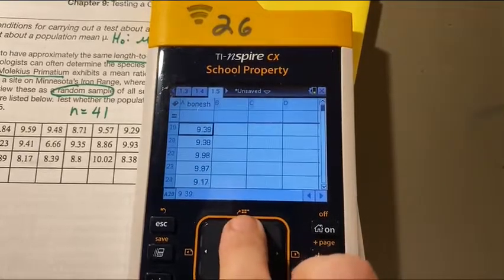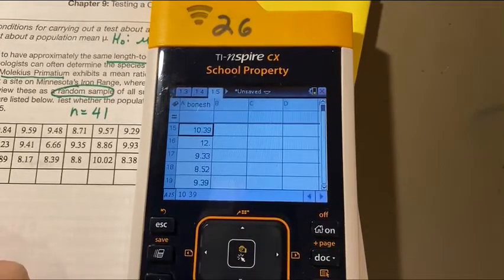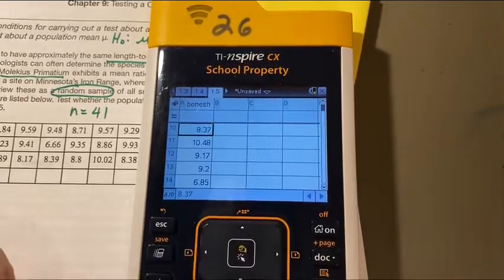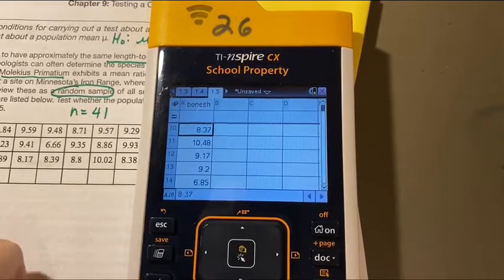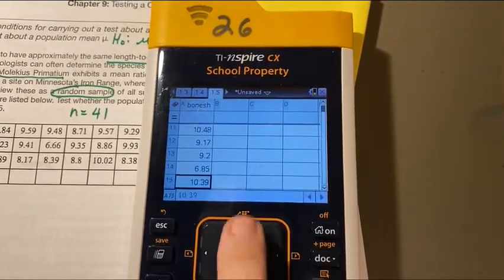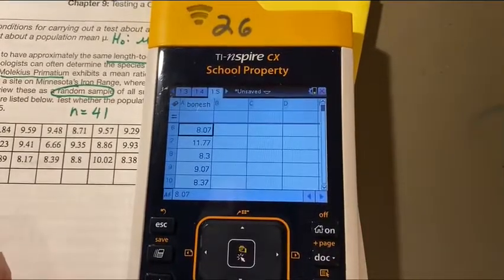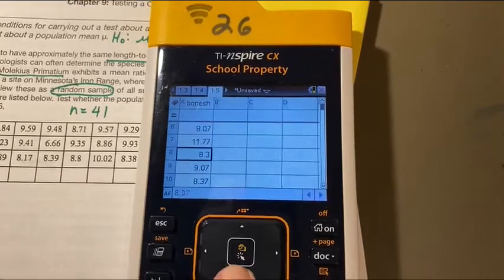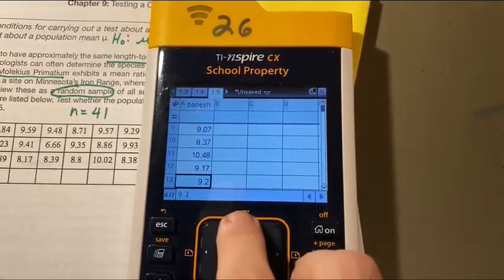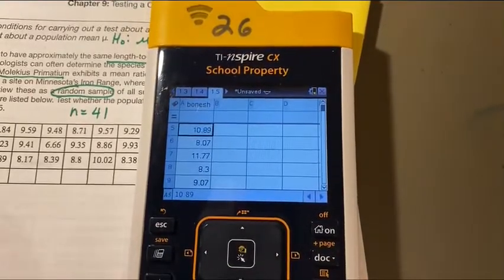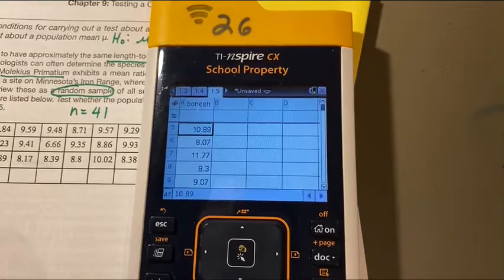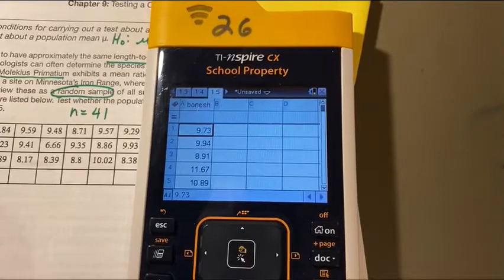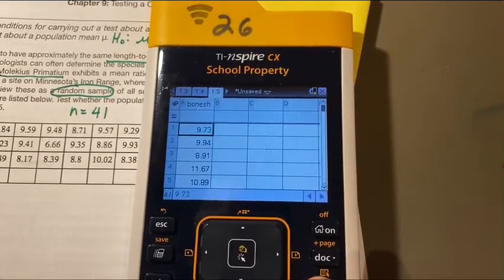Okay, that's looking good. 913, 852, 939, 1039, 807, 1173, 907, 1048. Yep. 783, 907. Okay, those are good.